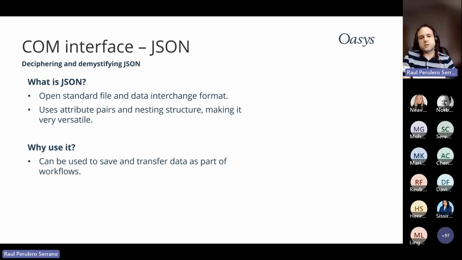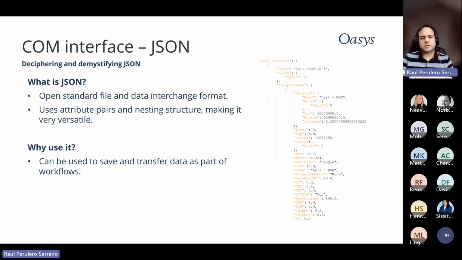Then the JSON file. JSON stands for JavaScript Object Notation, and is an open standard file format and data interchange format that uses human-readable text to store and transmit data objects consisting of attribute-value pairs and arrays. Again, long story short, it's easier to see from here. Once you have a JSON editor, for example Notepad++, you can do it, and there are also some tools online.